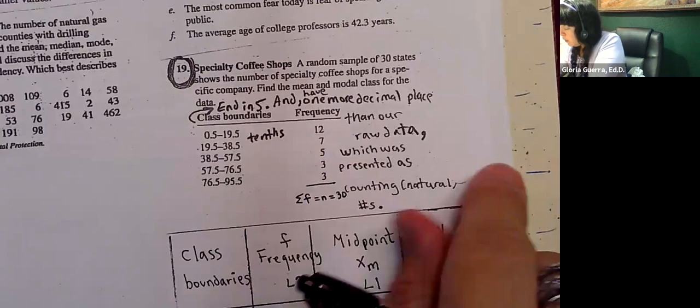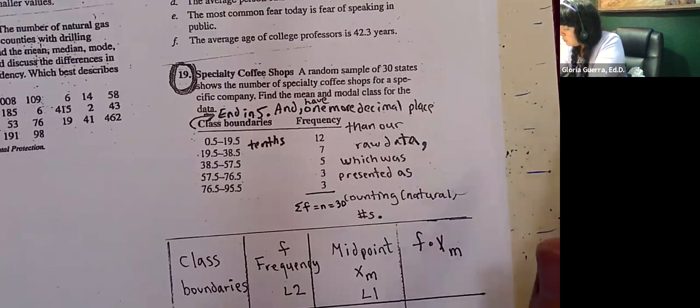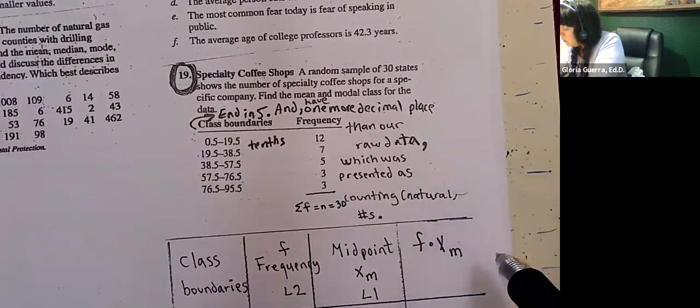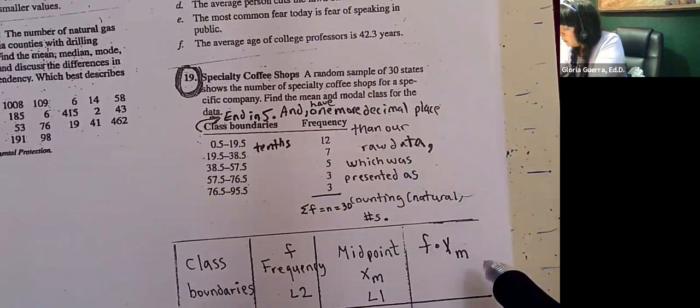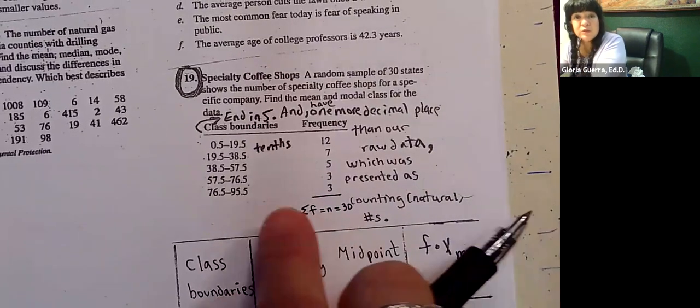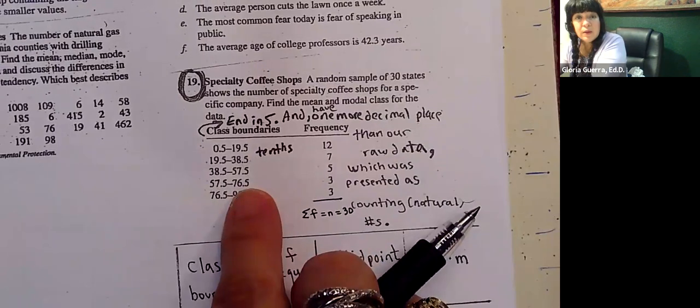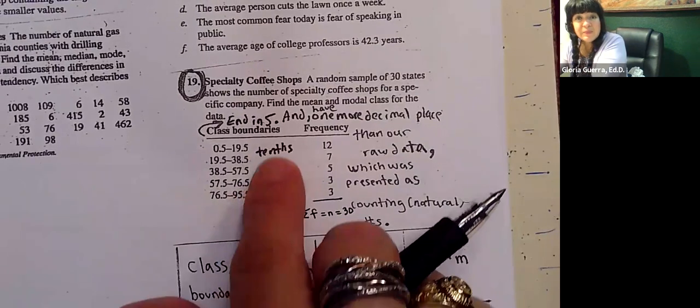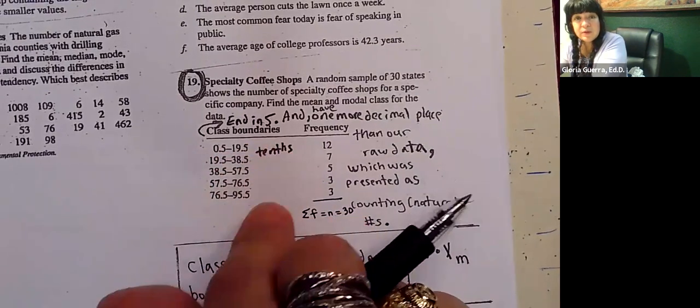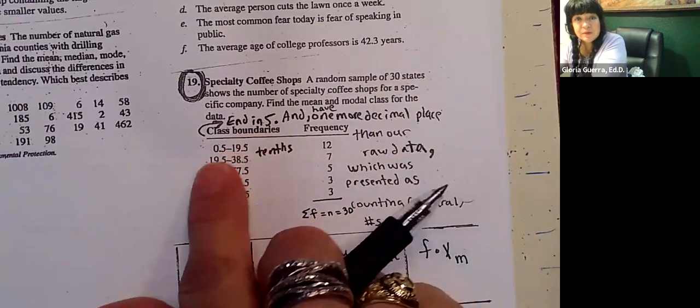So you would have to round. Let's see what it says. Does it say anywhere that you have to round? You would have to round to the tens place also. It has to be the same as the class boundaries. Remember we talked about that?